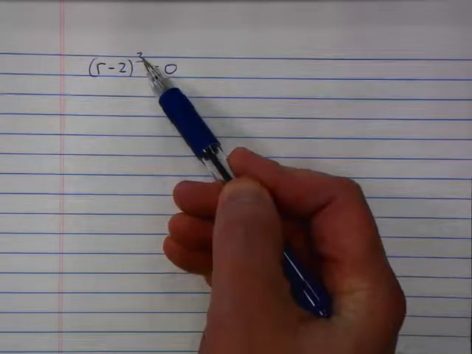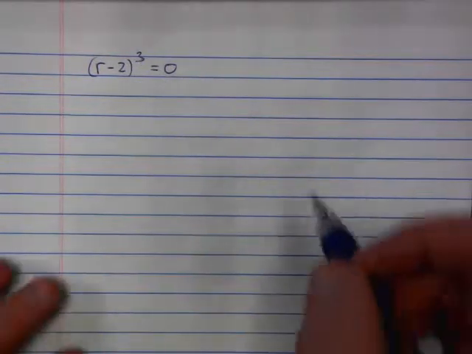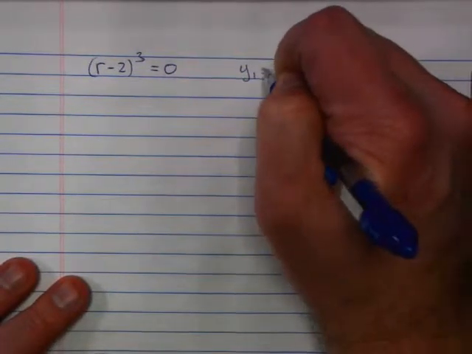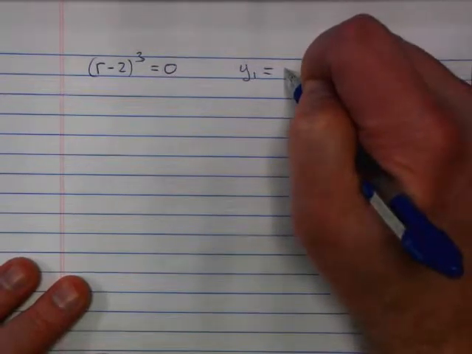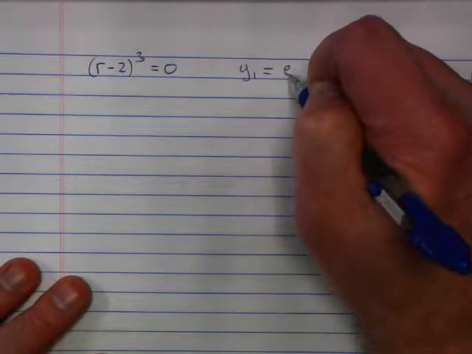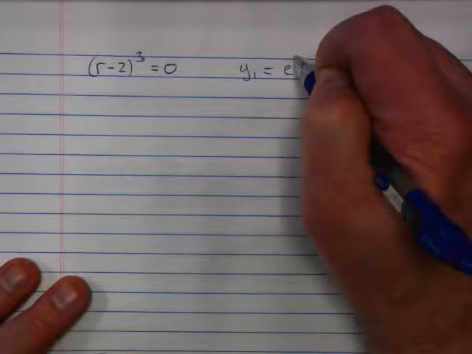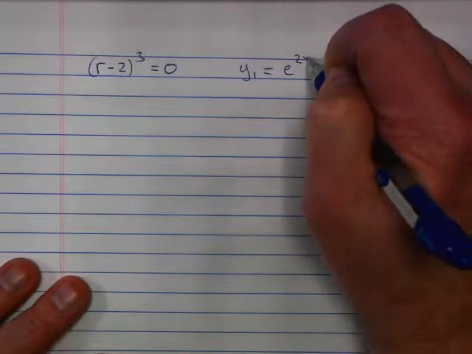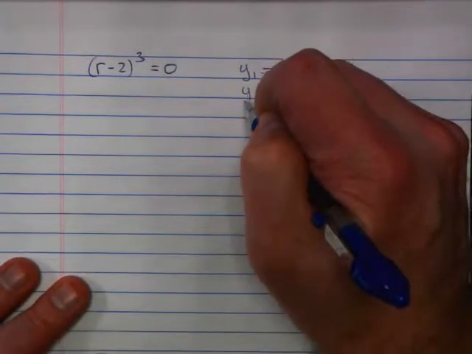It came from a cubic. It came from a third order homogeneous equation. So how many answers do you need? Three. So one of the answers is y1 equals e to the 2x. So there's one solution. I need two more.